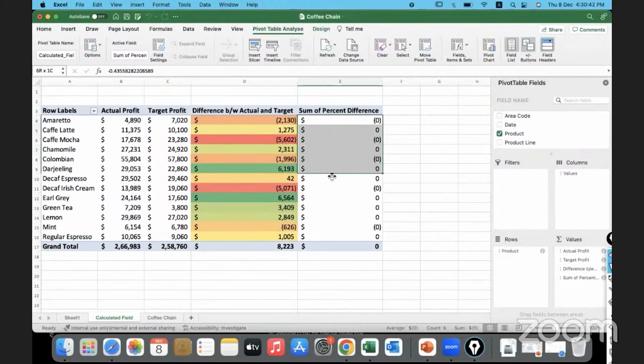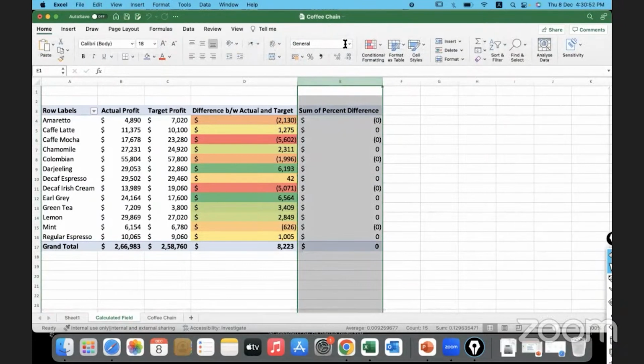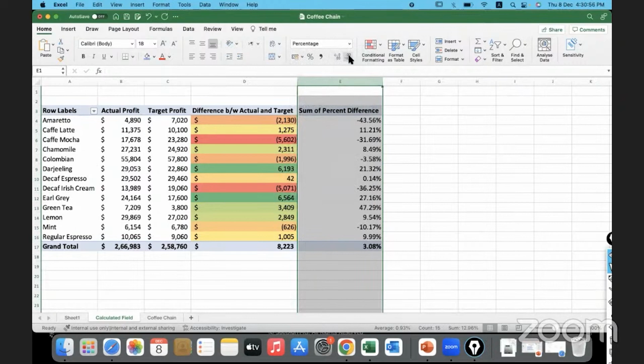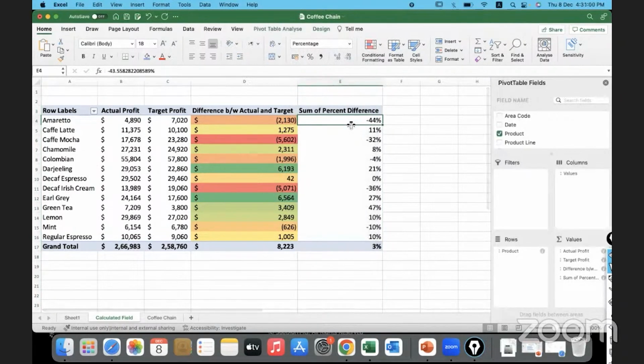So why is this not coming? Because it's rounded off and showing only the whole number part. It's not showing the decimal part. Now I'll have to format it. So I'll go to the home ribbon, and from here I will simply make it a percentage and reduce the decimals. So you can see that now it's showing the information in percentage format.